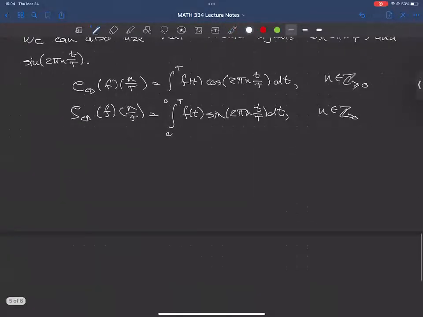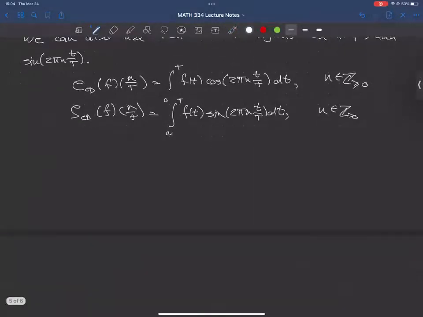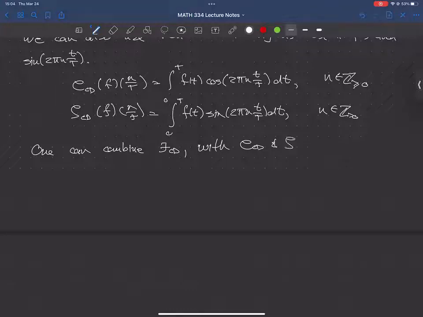But one can combine FCD with CCD and SCD by Euler's formulas.